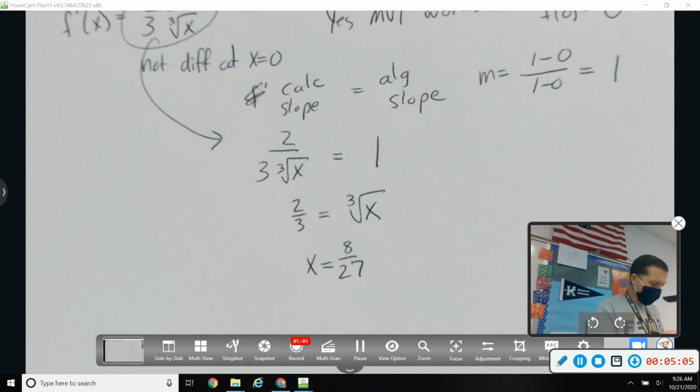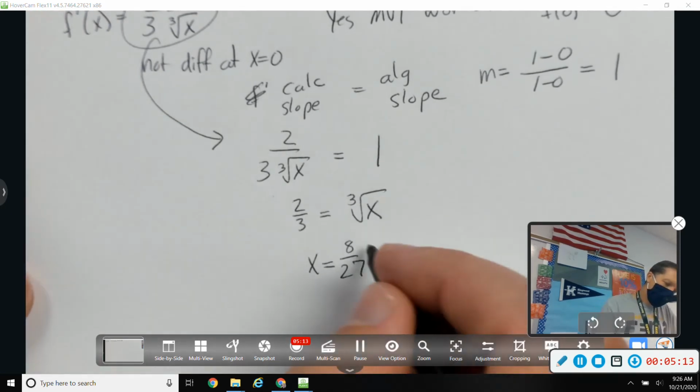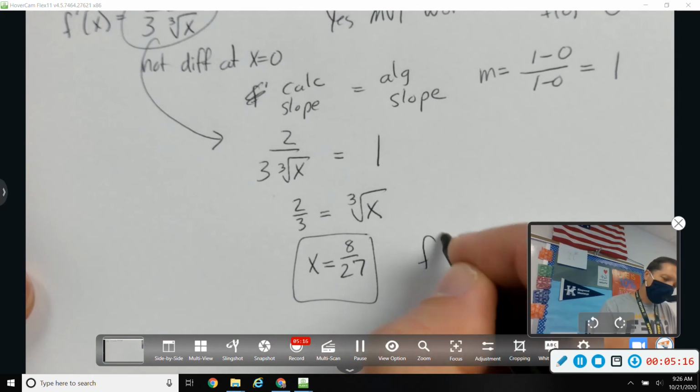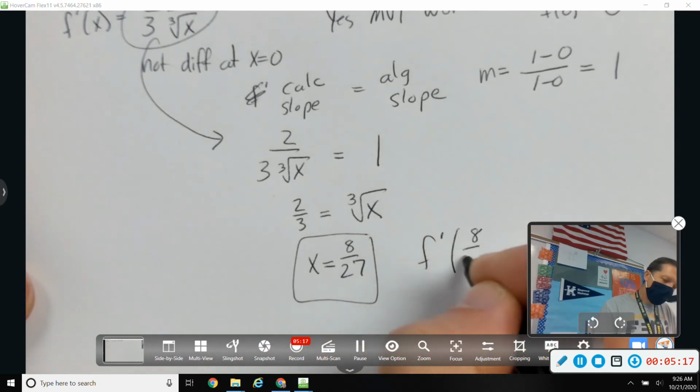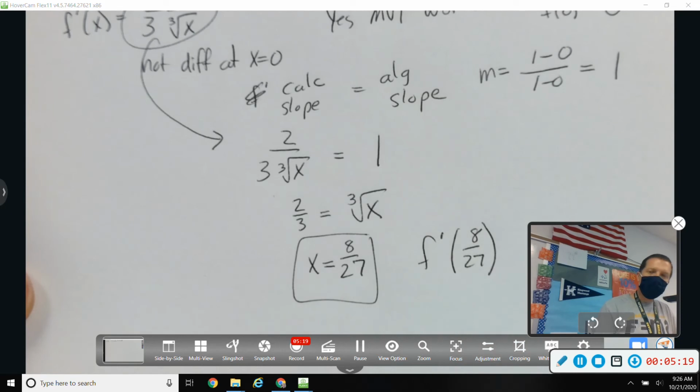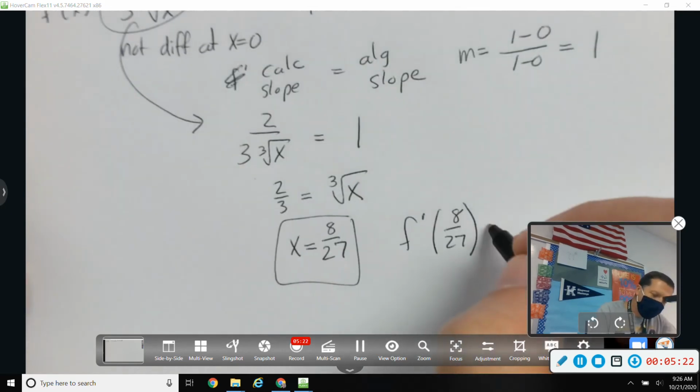Again, I'm checking to make sure I got that right. And yeah, it says in the back of the book, it phrases it as f prime at 8/27 is 1.